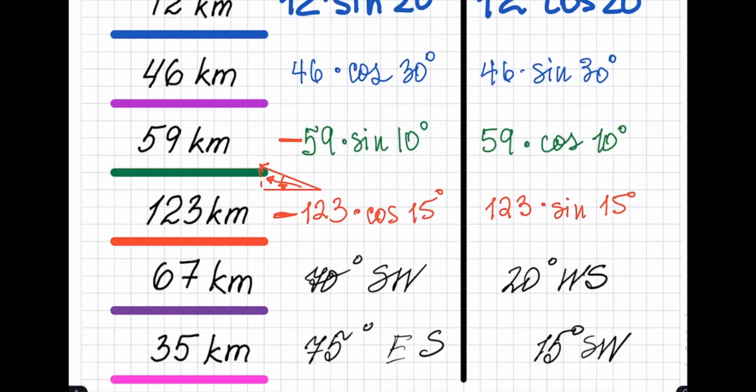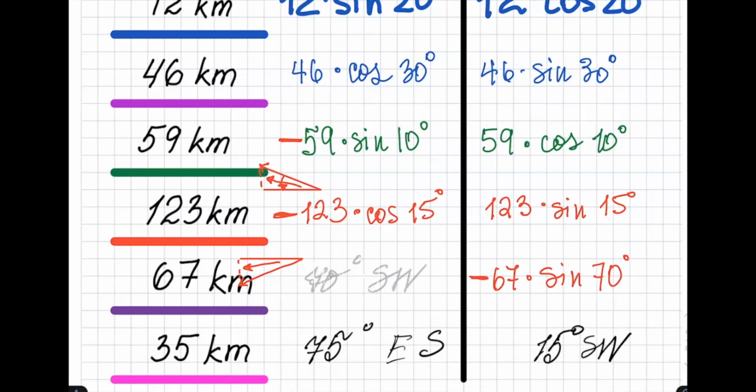I have 67 kilometers, and it's southwest. Now, both south and west are negative. Now, what does it look like south of west? West is this way. South of west is this way. So I'm going to look across at my vertical, and that's where my sine is going to reside. So I'm going to say 67 times sine of 70 degrees, and it's going to be negative.